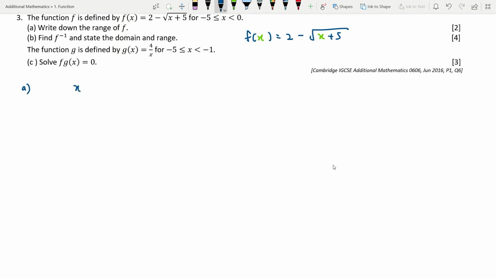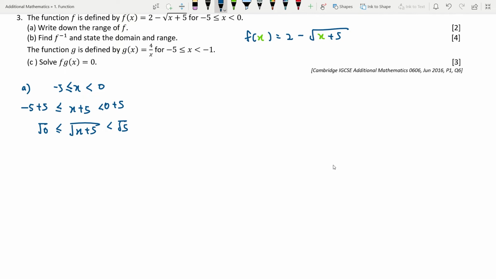We have x is greater or equal to negative 5 and less than 0. If we add a 5 to the x, we have negative 5 plus 5, and over here we have 0 plus 5. Square root x plus 5, we have square root 0 and square root 5.